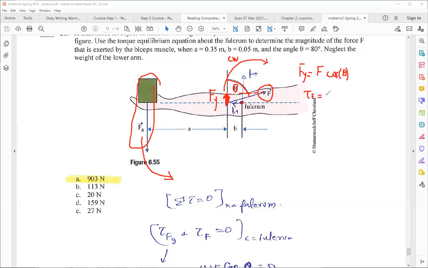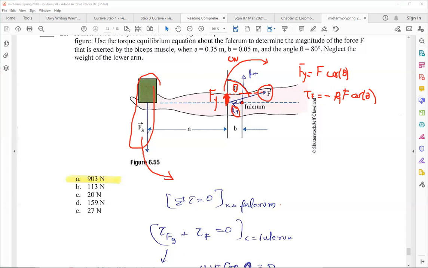That means I have a negative torque, with the distance, we can call it R1, so negative R1, multiplied by the magnitude of force, multiplied by cosine theta.